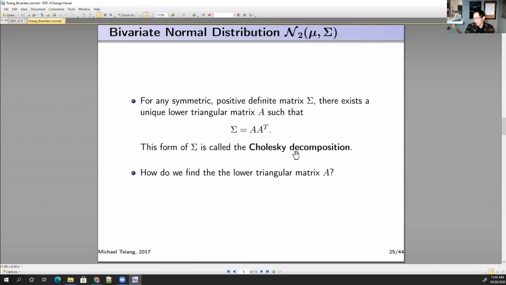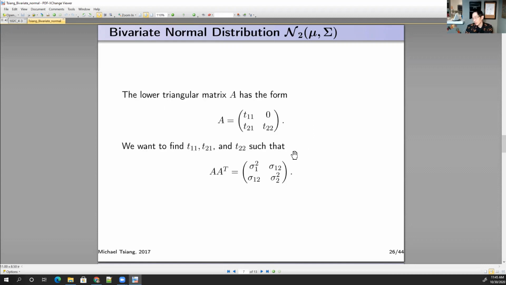All right. So in R, you can just type in chol or something, and it will perform the Cholesky decomposition. But it's actually not too hard to do it yourself. Basically, you're trying to find this lower triangular matrix where you've got T11, T21, and T22, and a 0 up here, and you need to set A A transpose equal to the covariance matrix that you have, right?